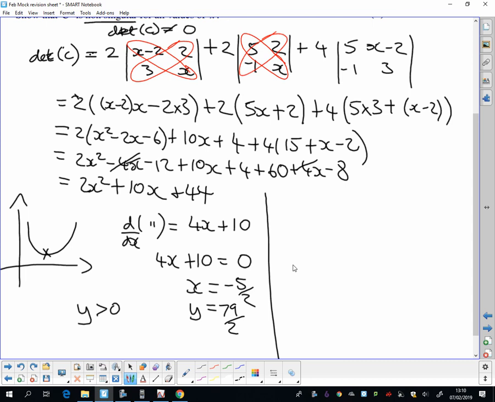You can also do this by completing the square. So I've got my determinant of C is 2x squared plus 10x plus 44.